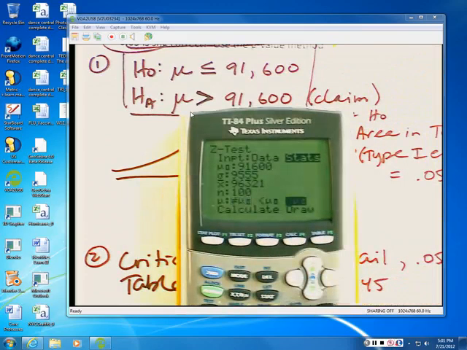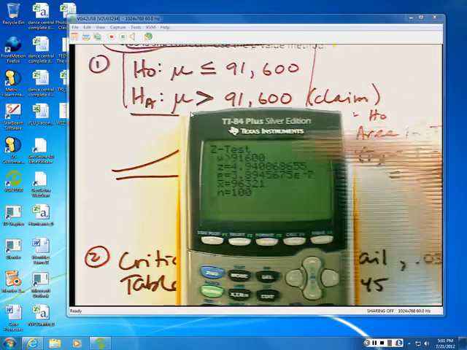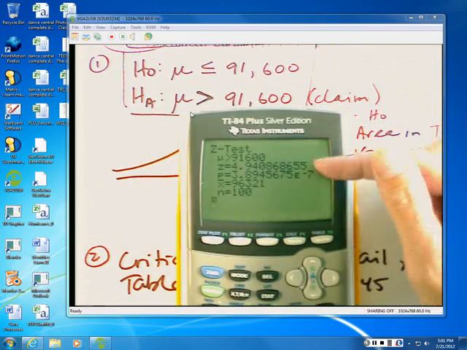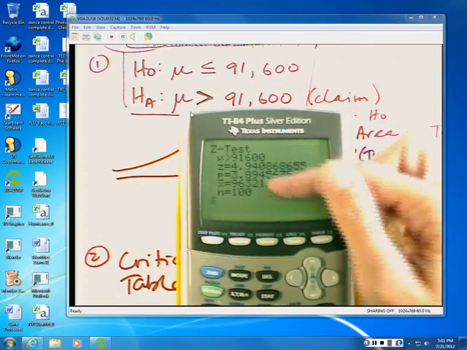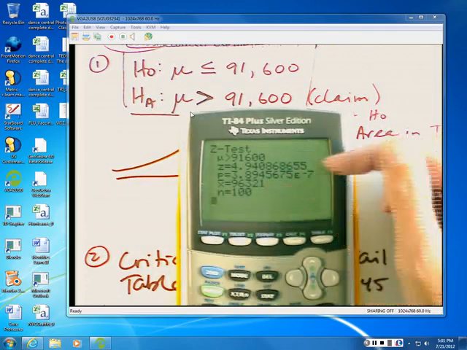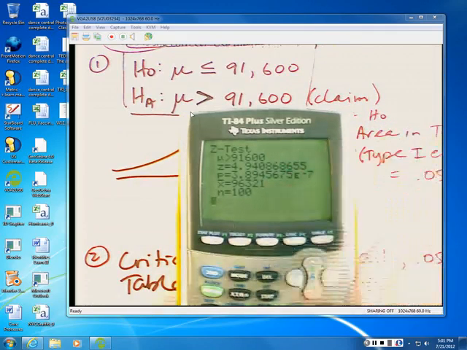So I hit enter to select that, and then calculate. Okay, so it says this is your alternative. Yes, it is. Here's our z-score, 4.94. Here's the p-value. And it's confirming your sample mean and your sample size. I got another big z-score, 4.94.